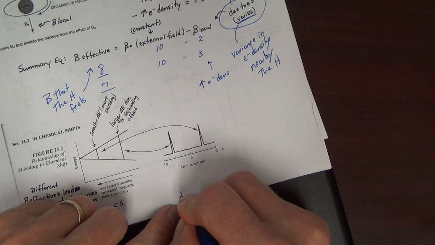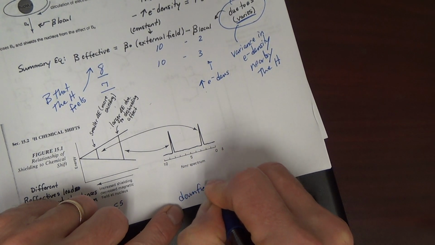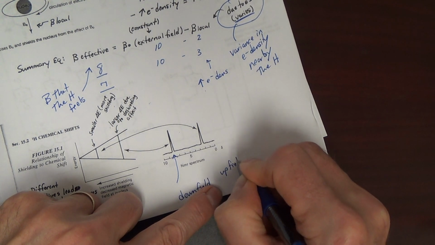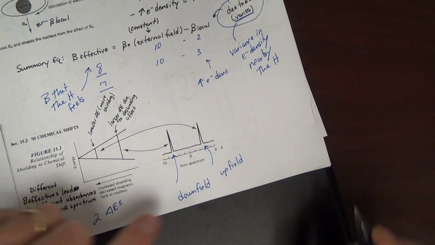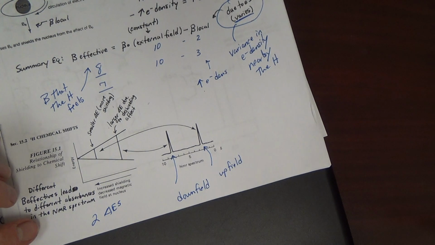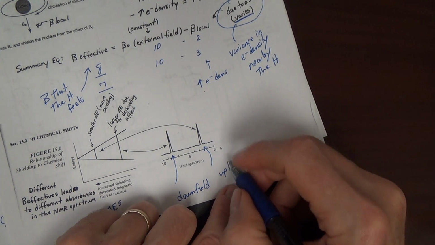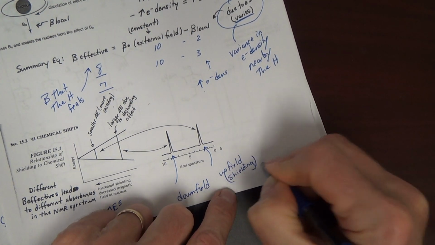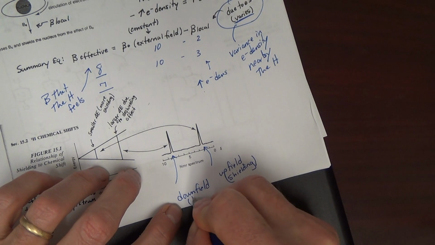Let's look at this. This downfield, and upfield, comparatively. Remember, we said upfield came from shielding. Downfield came from deshielding.